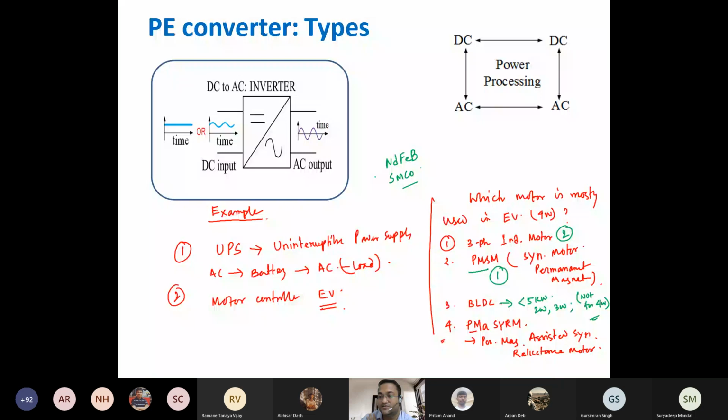Any idea where you get this? Yes, China. Let me tell you, 95% of the world reserve of rare earth is in China. Out of the remaining 5%, mostly 3 to 4% is in Brazil. So you understand how China is.